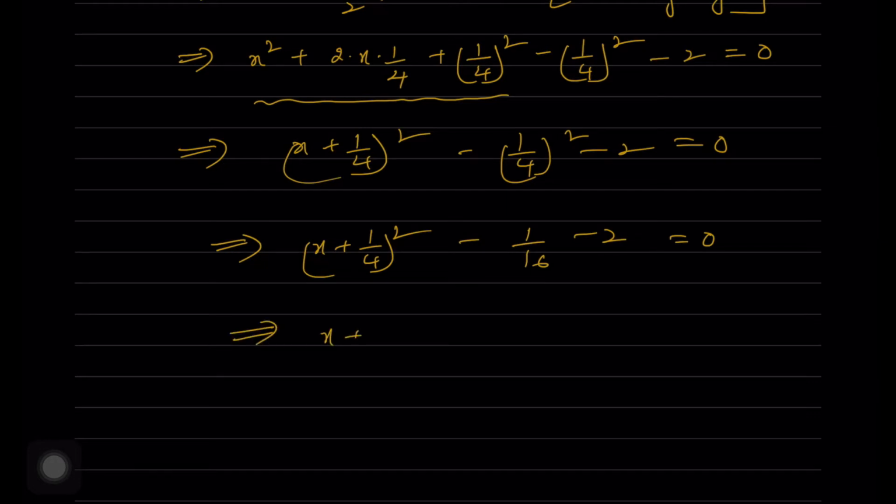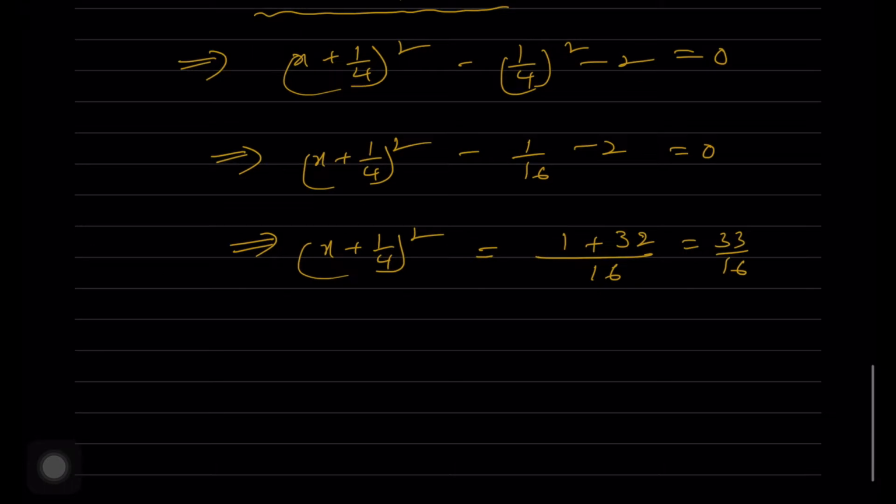If you take the LCM over there, for this 2, if you take it to the other side, you'll be getting 16 down. So you get 1 plus 16 2s are 32, which is equal to 33 by 16.